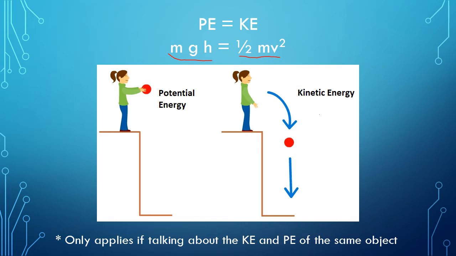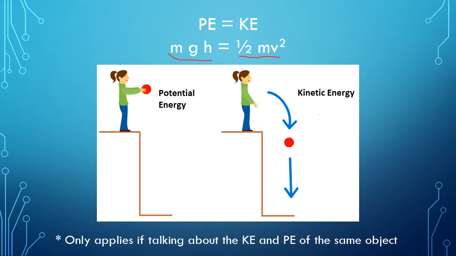In this diagram below, we have a person holding a ball over the edge of a cliff. That ball's not moving, so it has a certain amount of potential energy. Let's say I calculated it and it has 12 joules of potential energy.